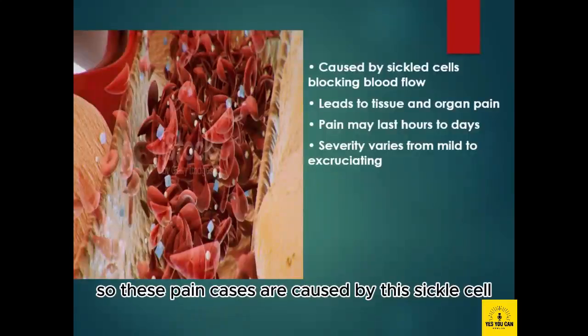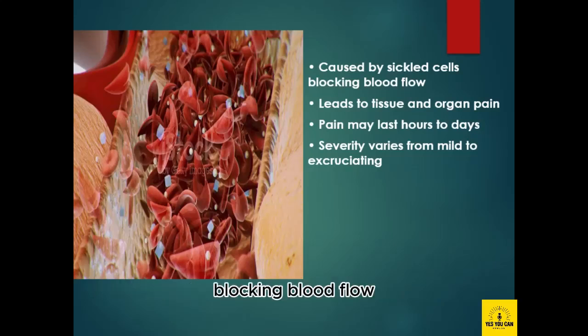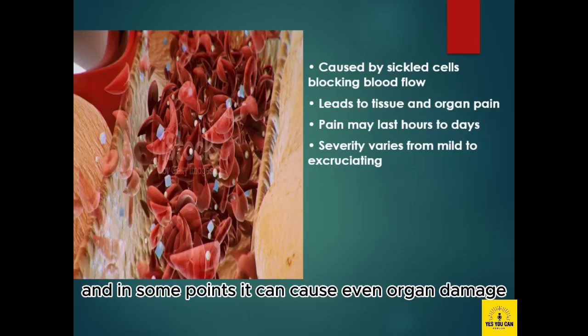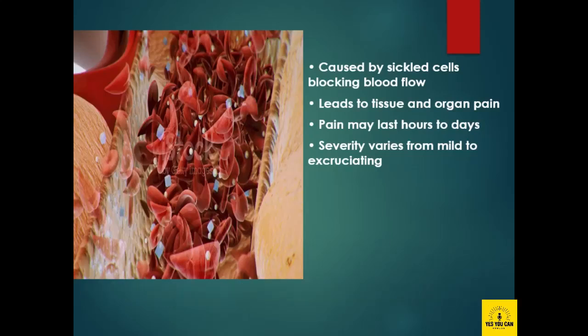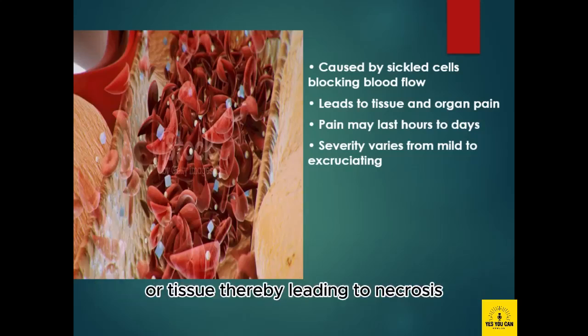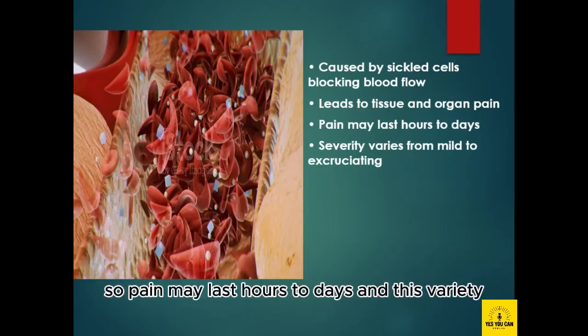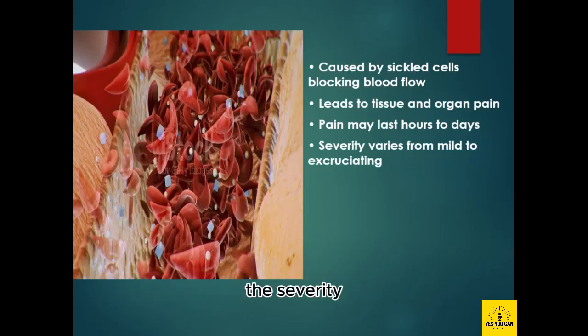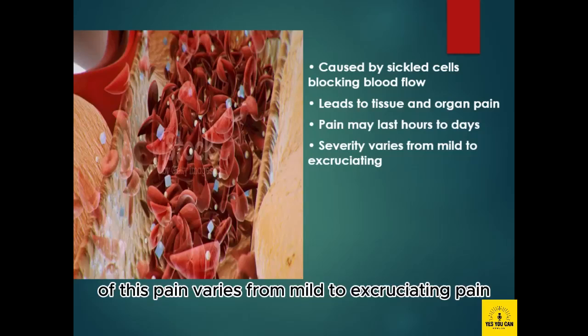These pain crises are caused by the sickle cells blocking blood flow, which leads to tissue and organ pain, and in some cases it can even cause organ damage, because when it blocks, it reduces the level of oxygen supply to that particular organ or tissue, thereby leading to necrosis. So pain may last hours to days, and the severity varies from mild to excruciating pain, depending.